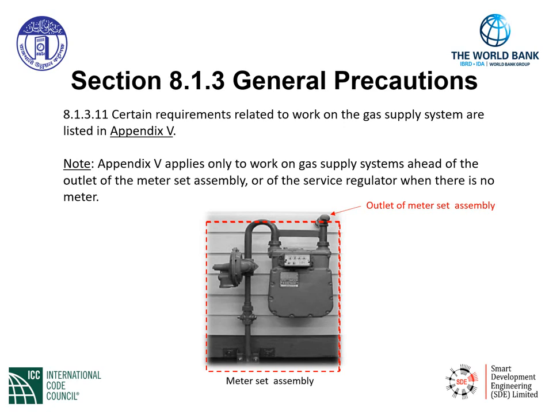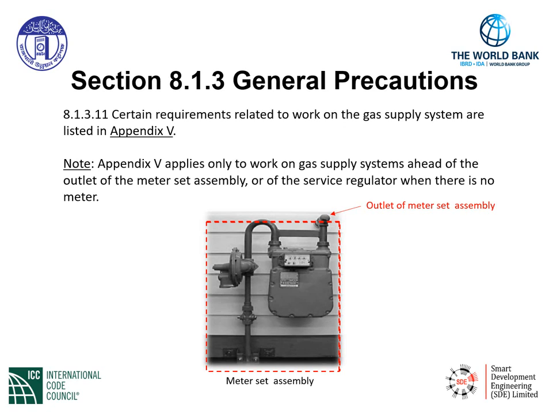We have a picture here indicating the meter set as well as the service regulator. So it's very clear that Appendix V applies to systems ahead of the outlet of the meter set.